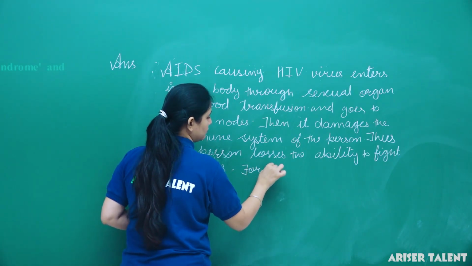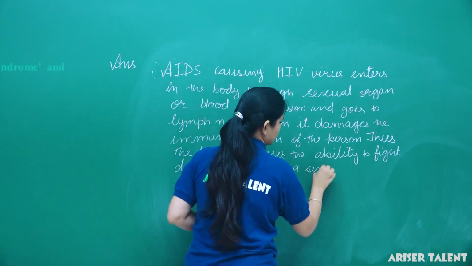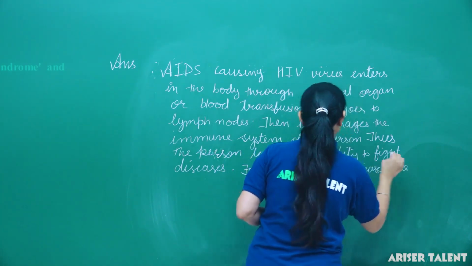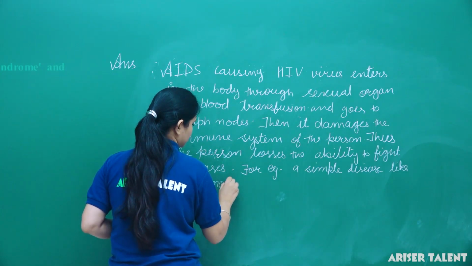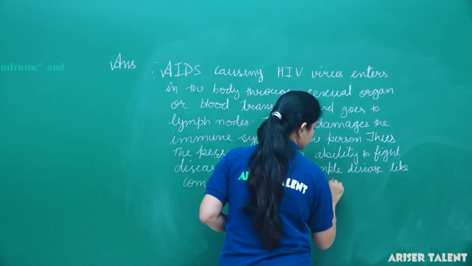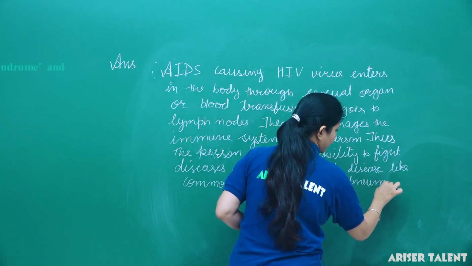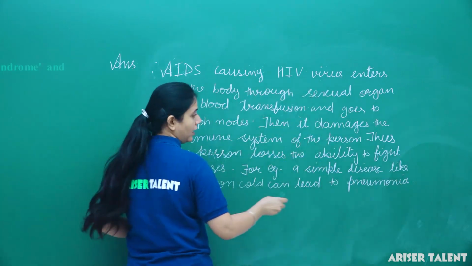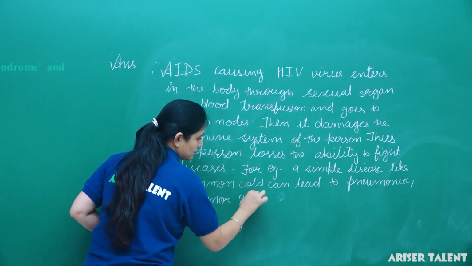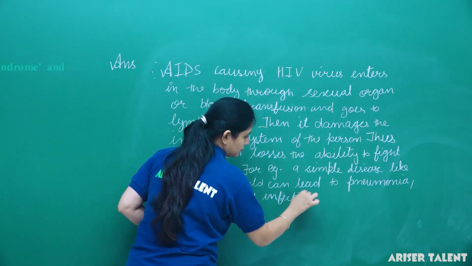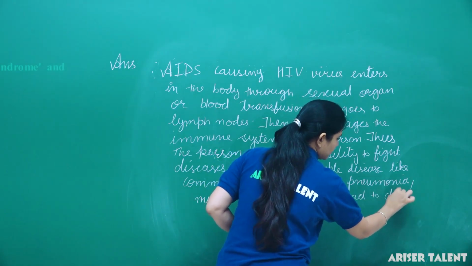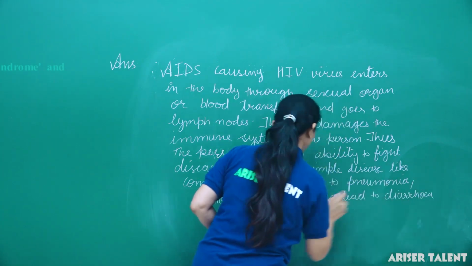For example, a simple disease like common cold can lead to pneumonia, and a minor gut infection can lead to diarrhea with blood loss.